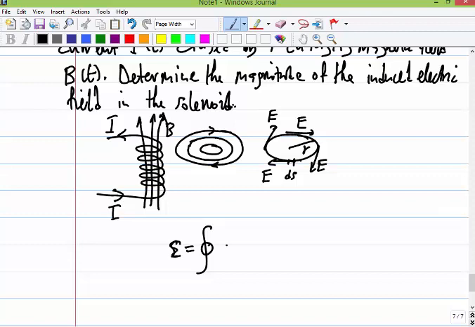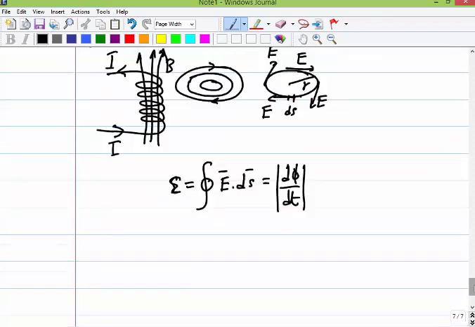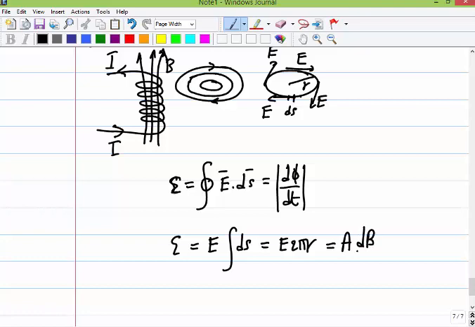So by using Ampere's version of Faraday's law, EMF is equal to the integral over the closed loop of E dot ds, and that's equal to dΦ/dt. And so the loop integral of ds can be written as E times 2πr, because the length of the loop is 2πr, and this should be equal to A, which is the area of the loop, times dB/dt.